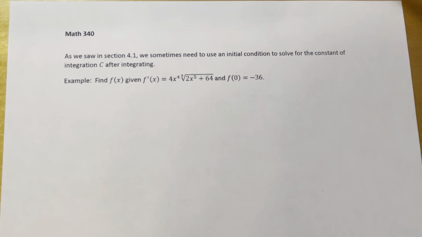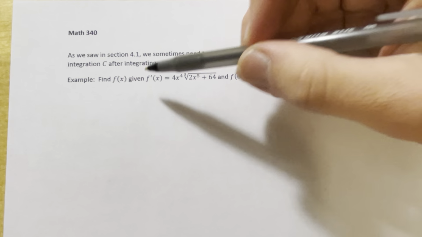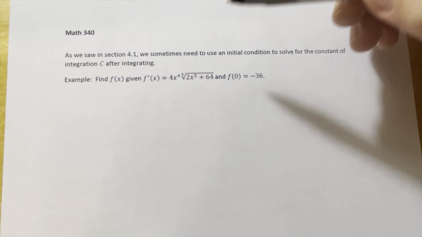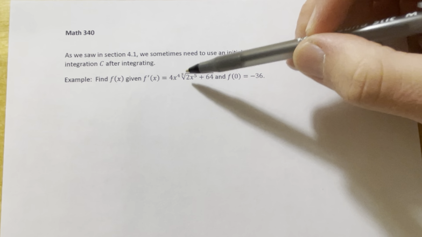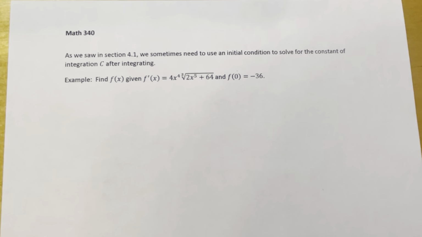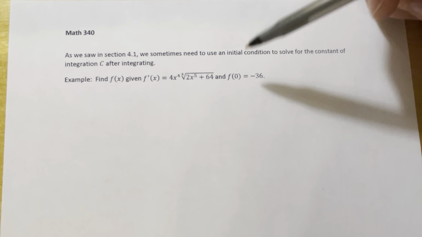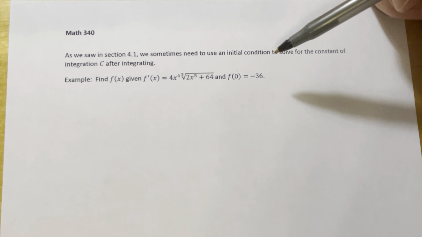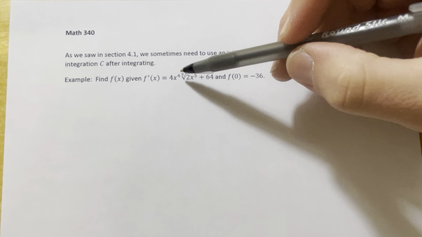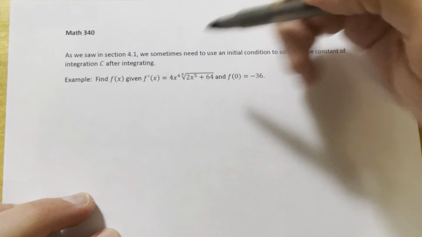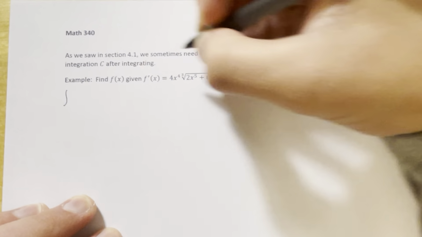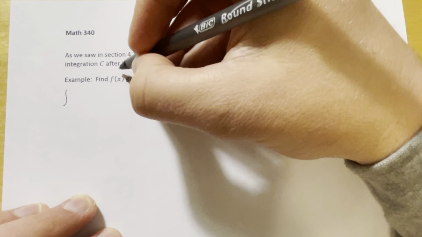So if we're asked here to find f of x given that f prime of x is equal to 4x to the fourth times the cube root of 2x to the fifth plus 64. In addition to that, we have this initial condition, f of 0 is equal to negative 36. Let's begin by setting up an integral, because if I integrate f prime, it will give me f of x plus c.